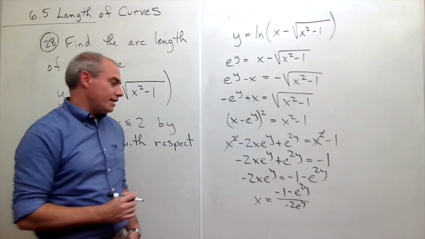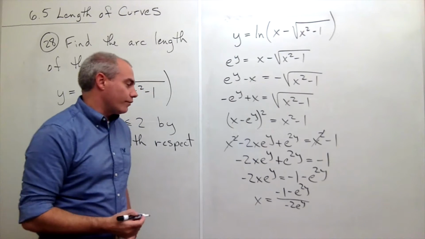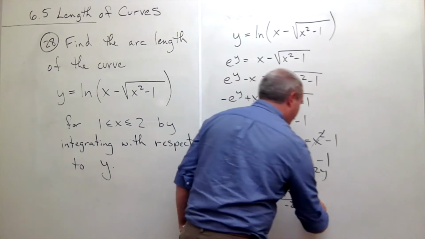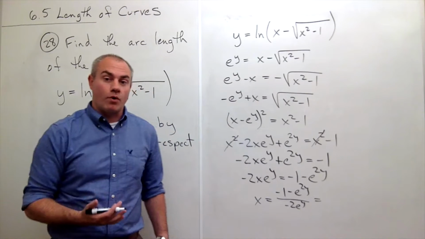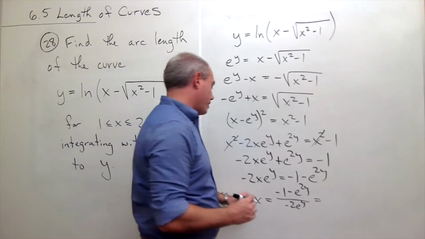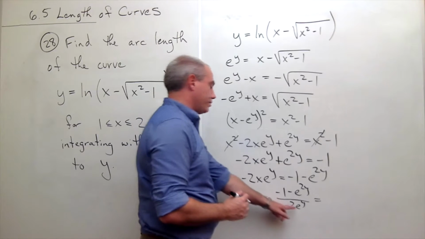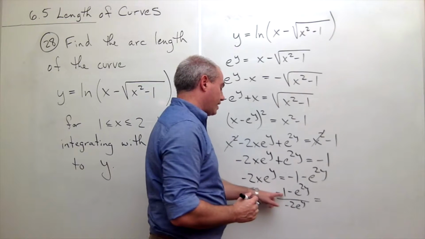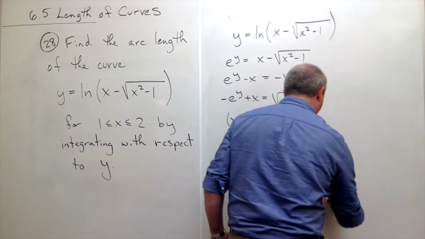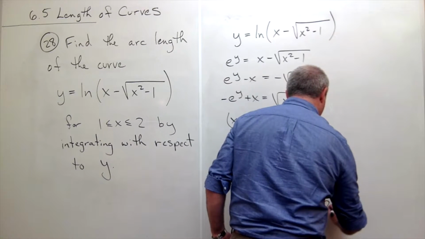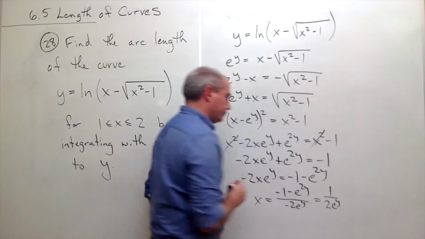That's not the cleanest thing I've ever seen. I can get rid of the negatives everywhere, and I could break it up into two fractions. Both of those are things that I want to do. So I want to write this as x is equal to, if I look at negative 1 over negative 2 e to the y, I could write that as 1 over 2 e to the y.